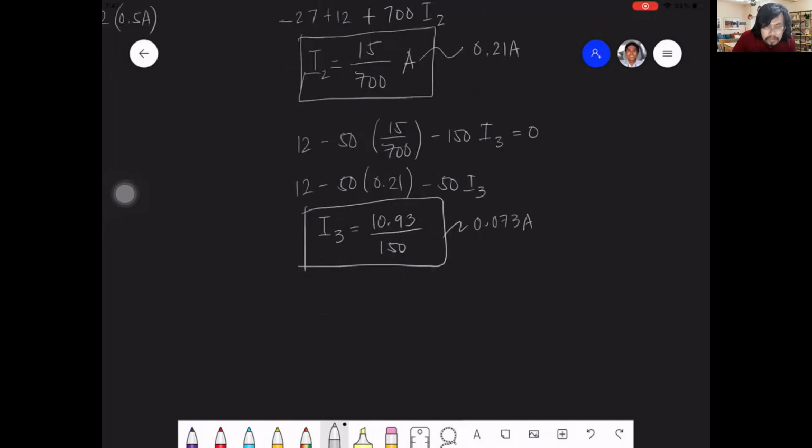I1 is now just simply I2 plus I3. It's equal to 0.021 plus 0.073 amperes.